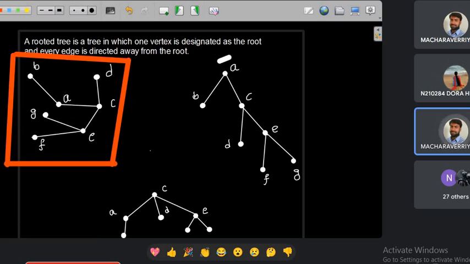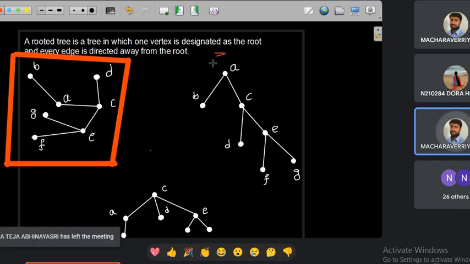Here I'm taking A. I'm taking the vertex A and keeping it on top, and the vertices adjacent to it, which are B and C, I write down next.